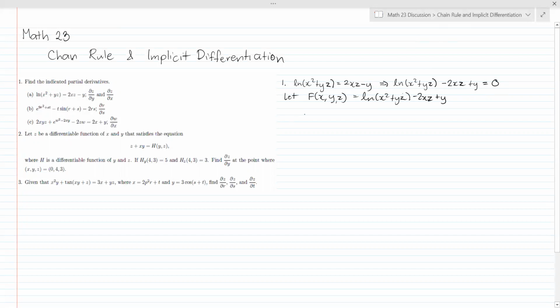To get the indicated partial derivative, we have the formula dz over dy that is just equal to negative ng partial ng f with respect to y over partial ng f with respect to z. Okay, so let's compute this.